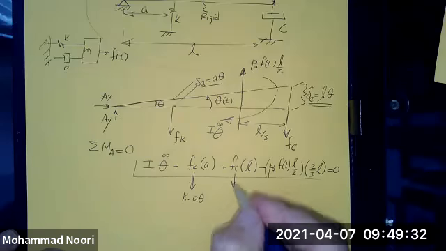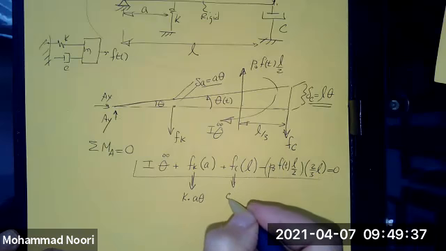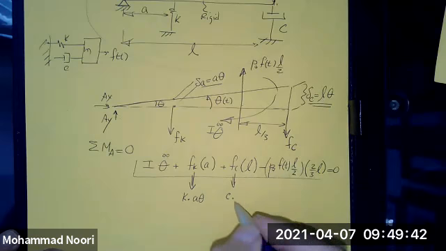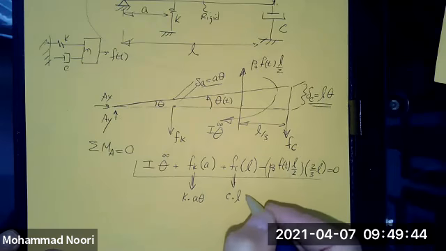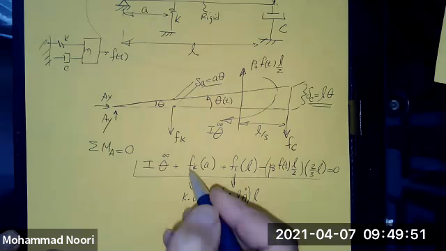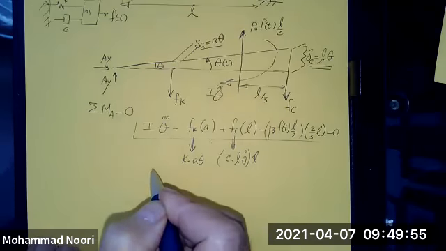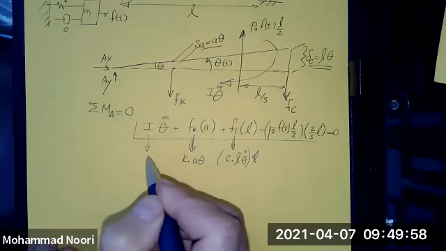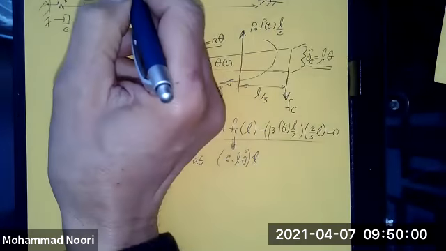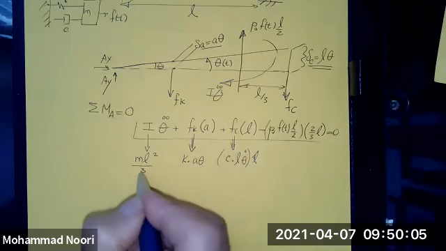And F of C would be C times the velocity. This is the displacement, so the velocity is the derivative of that, so it would be this times L. Okay, so substitute for these in that equation. Substitute for I also, which is again a bar rotating about its tip, so ML squared over 3.